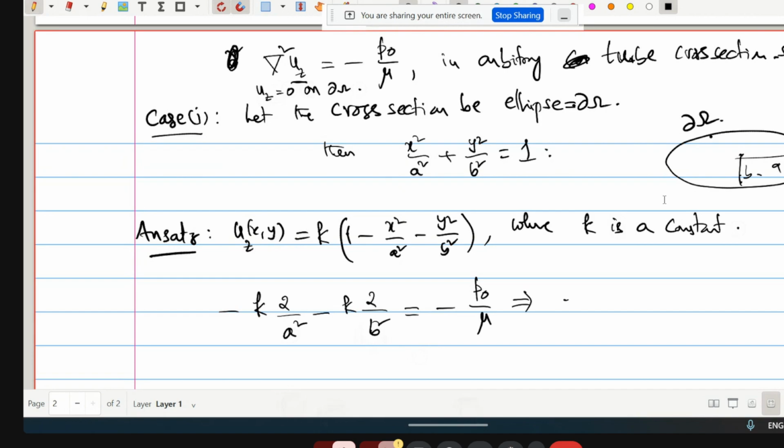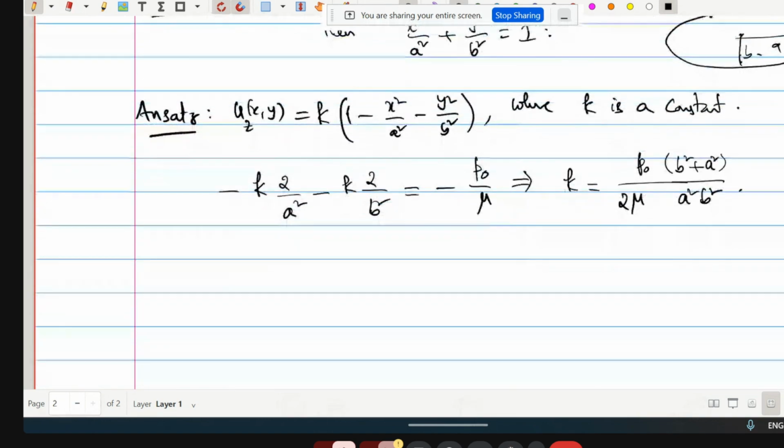So this gives me k equal to p0 divided by 2 mu times b square plus a square divided by a square b square. That's what your k is. So just go and substitute.